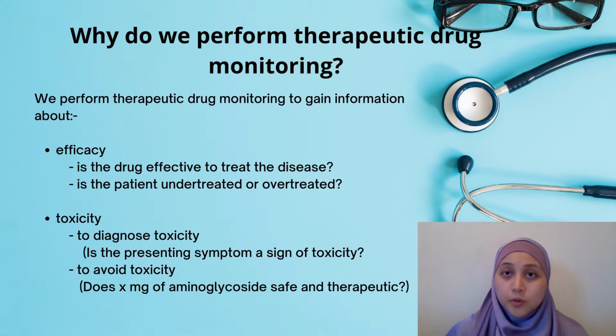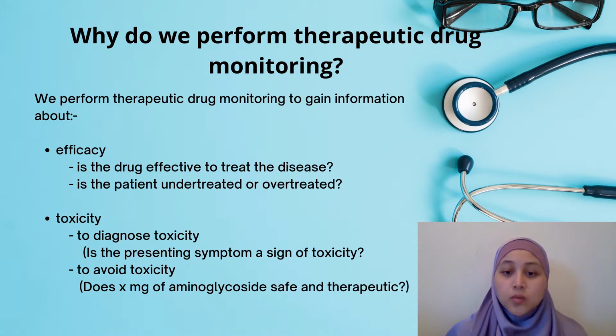Why do we perform therapeutic drug monitoring? We perform therapeutic drug monitoring to gain information about efficacy, toxicity, approximate dosing, and to diagnose a failed therapy. During the monitoring process, we want to know if the drug is effective to treat the disease or not.